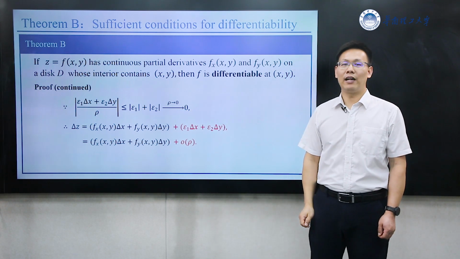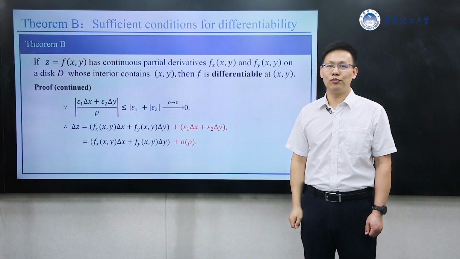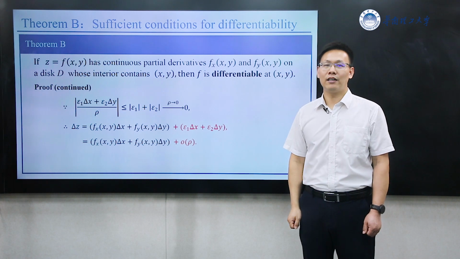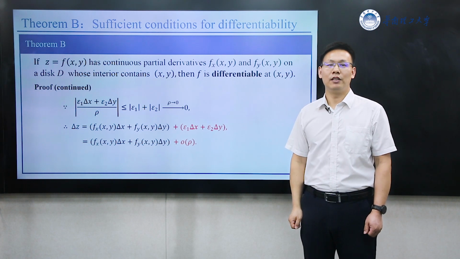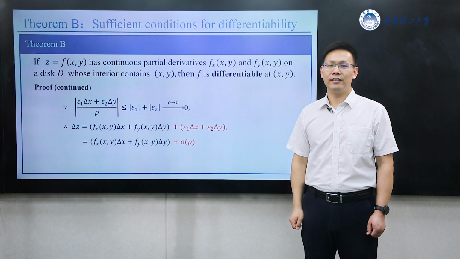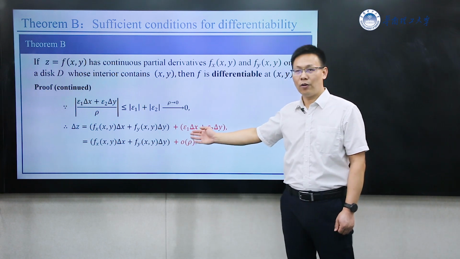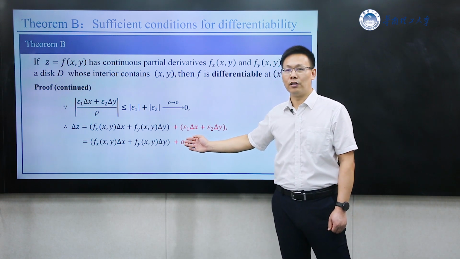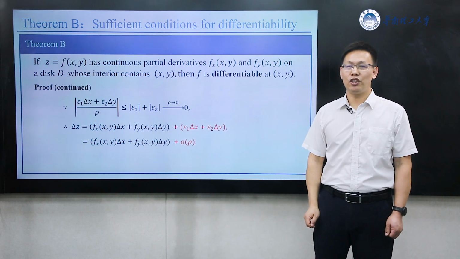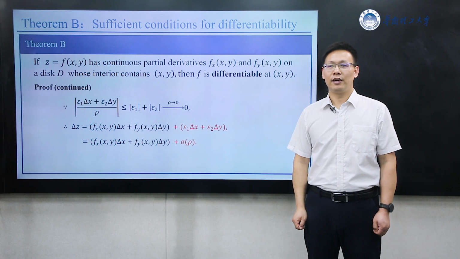So ε1Δx plus ε2Δy is a higher order infinitesimal about ρ. Then the total increment Δz is expressed as follows. So by the equivalent definition of differentiability, f(x,y) is differentiable at (x,y).